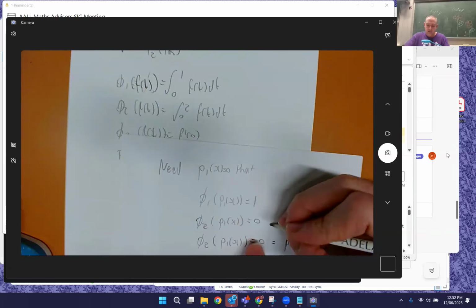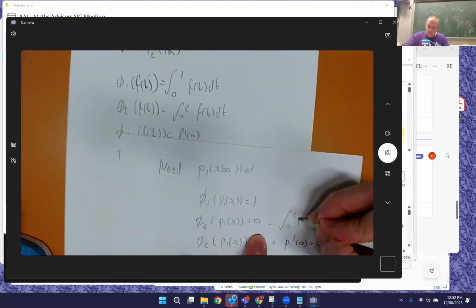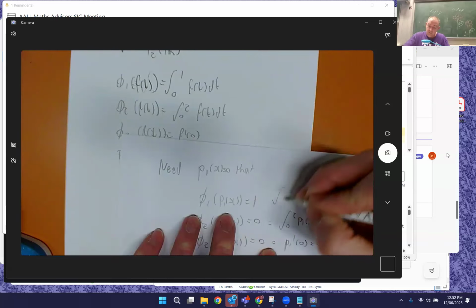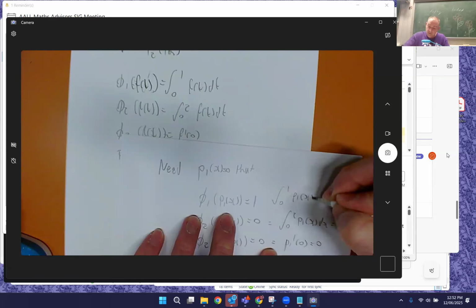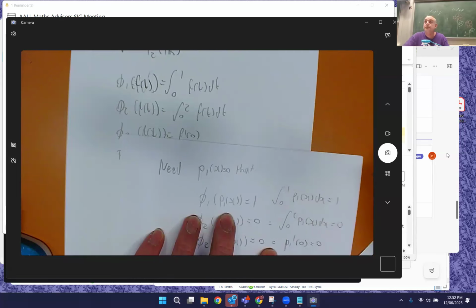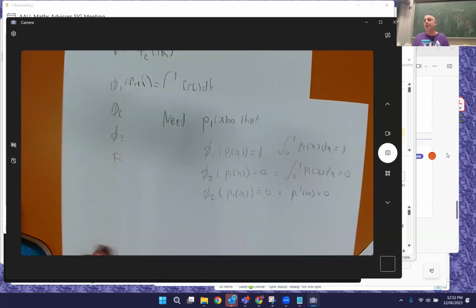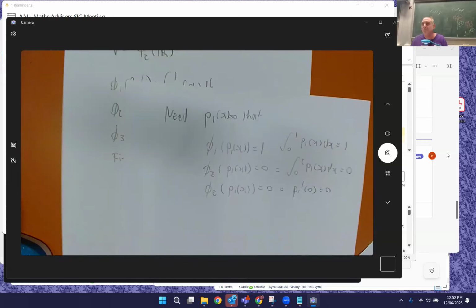And I need the integral from 0 to 2 of P1x dx to be 0, and I need the integral from 0 to 1 of P1x dx to be 1. And the integral from 1 to 2 of P1x dx should be -1. So hopefully this should be enough information to figure out the correct polynomial, and the easiest way to do that is to just call it a plus bx plus cx squared.